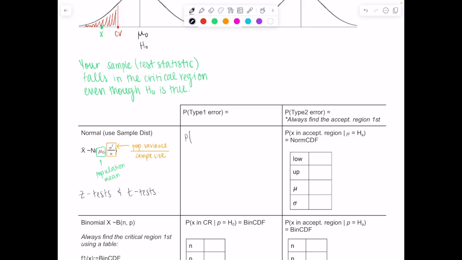So remember, a type 1 error is the error that your test statistic is in the critical region, given that your null hypothesis is true. And that's how you calculate this probability for any type of distribution. But for a normal distribution, this is just equal to your significance level, which is very easy to calculate because you're usually just given it.